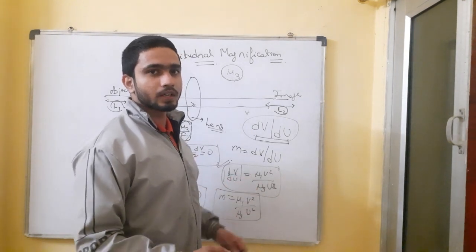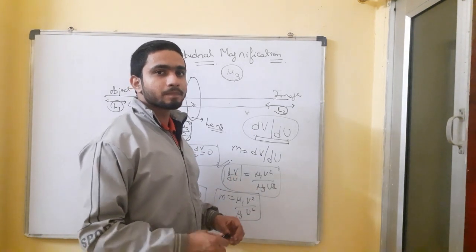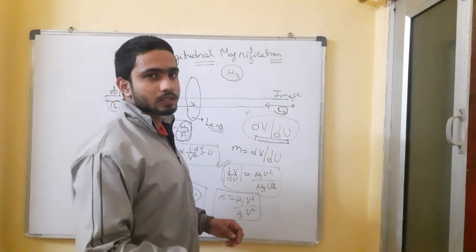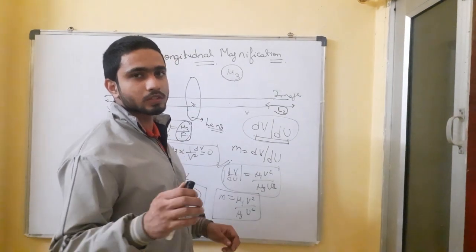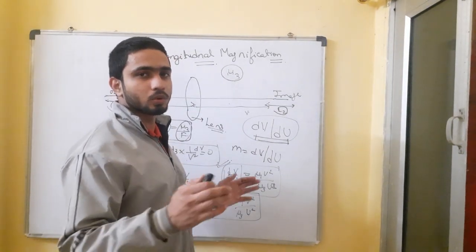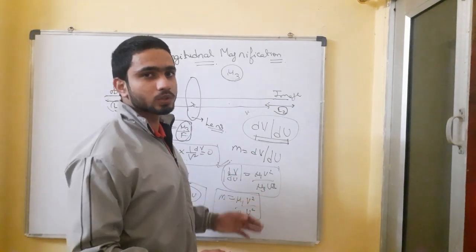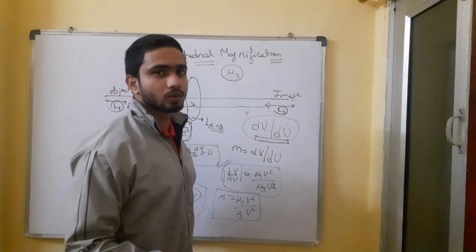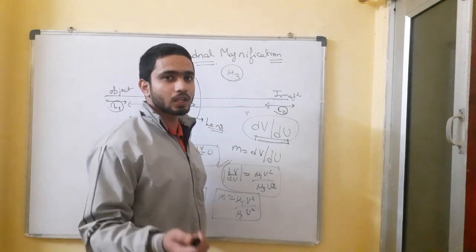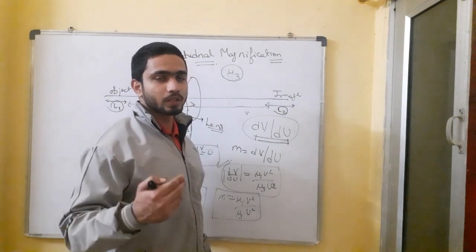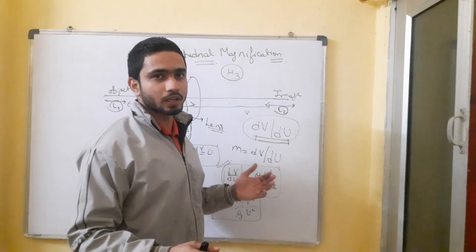And if the refractive indices are different, in the medium in which the image is present and in which the object is present, if the refractive index of both are different, then how will we solve the question? We solve it this way. And how will we write the standard equation when the object is present in the first refractive index?